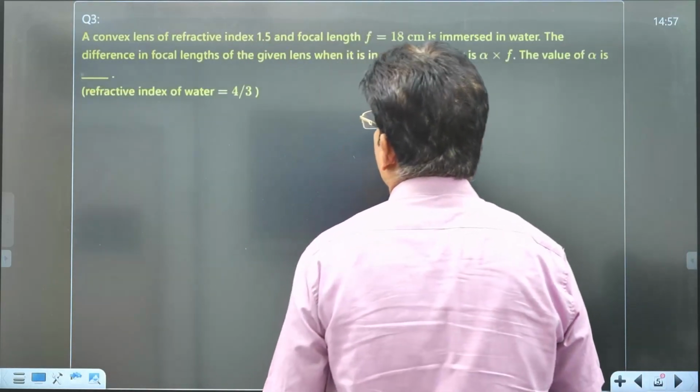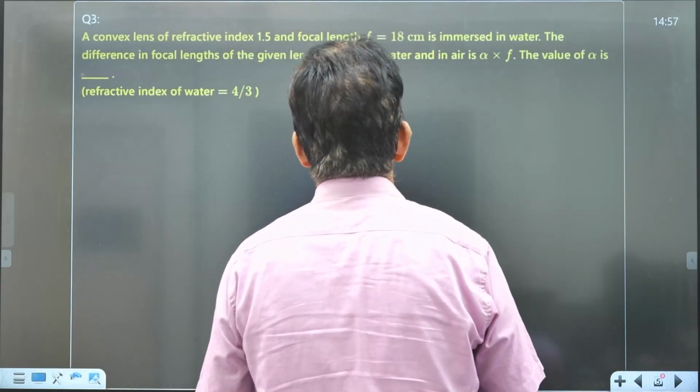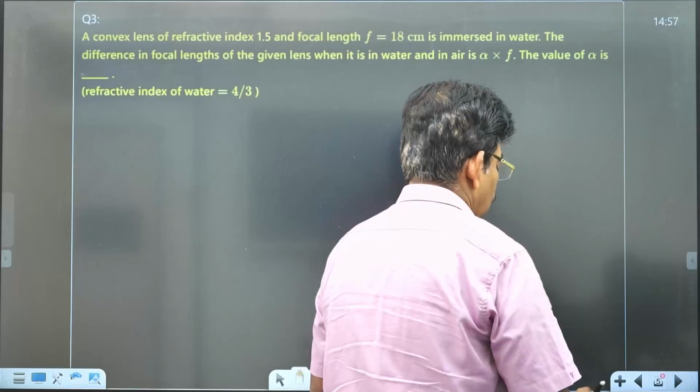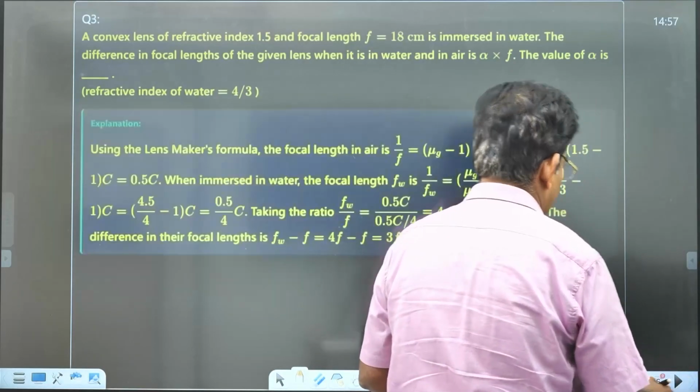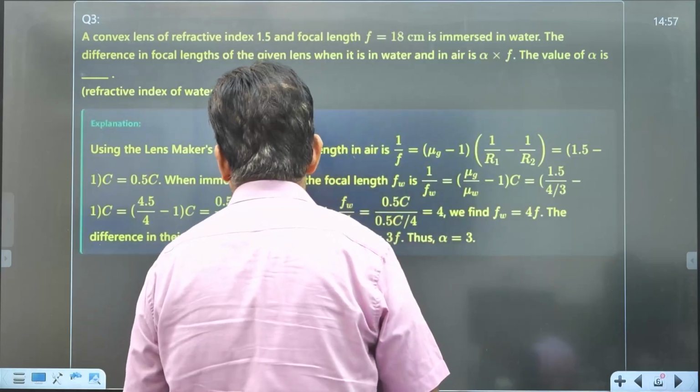Come on. The convex lens of refractive index 1.5, focal length 18 cm, immersed in water. So here I'm going to the explanation, but there is no need of going for this much calculation.